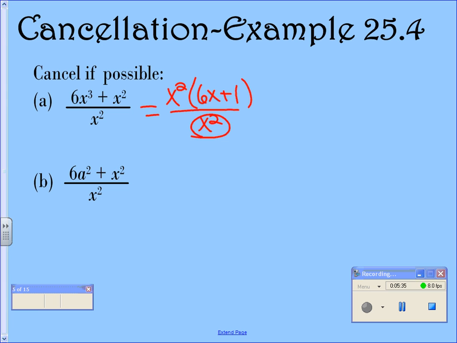We've got this x squared and this one. Since it was in both of these, we can cancel them out. And what are we left with? 6x. Does that make sense? See how that works? Hopefully you'll get to the point where you can go straight from here to there.